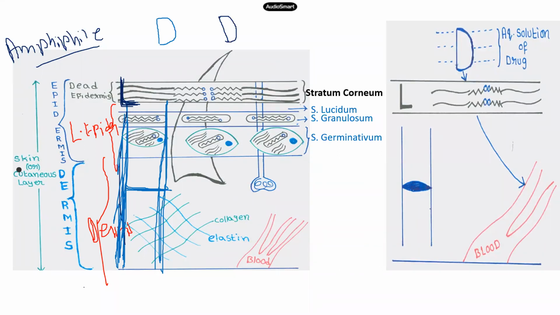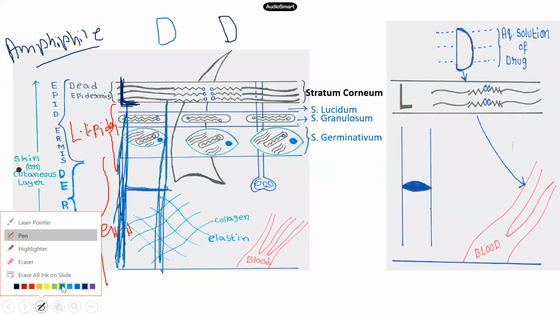Tell me, for systemic absorption and bioavailability through skin, the drug must enter into the blood. To enter into the blood, which layer will the drug cross first of all?